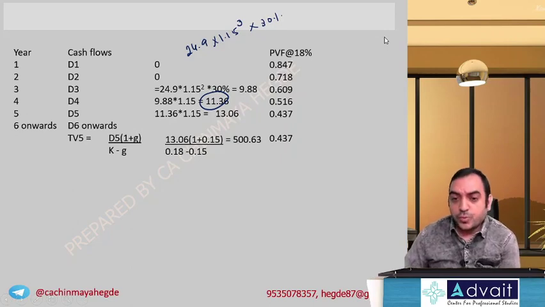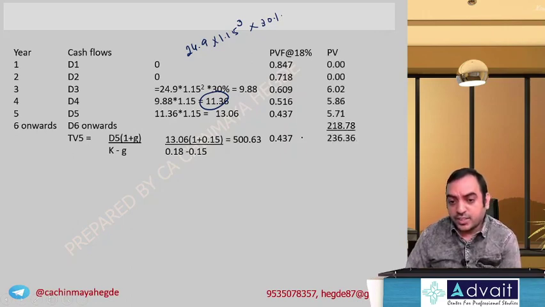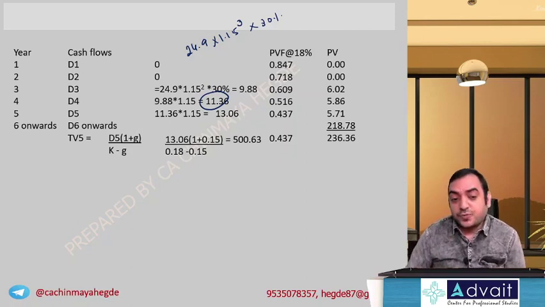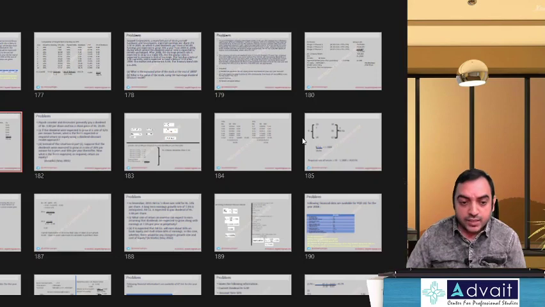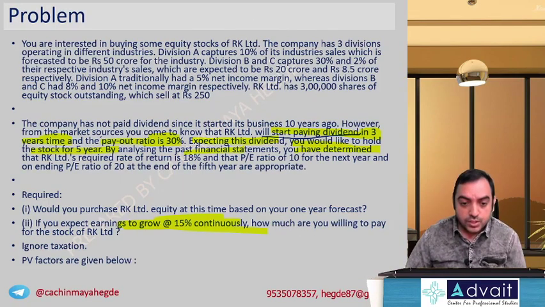Okay, hope you got it. Multiply the discounting factor given in the problem, so simply multiply. Present value is 236. So if your holding period is 5 years, today you will be willing to pay 236. Is that what they've asked? The question: how much are you willing to pay for stock of RK Limited?